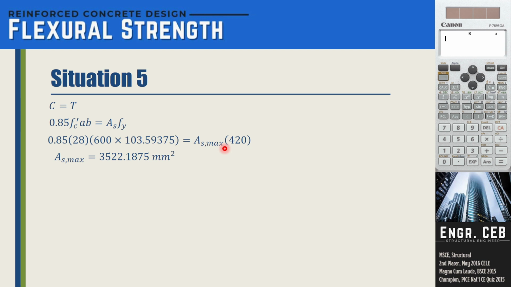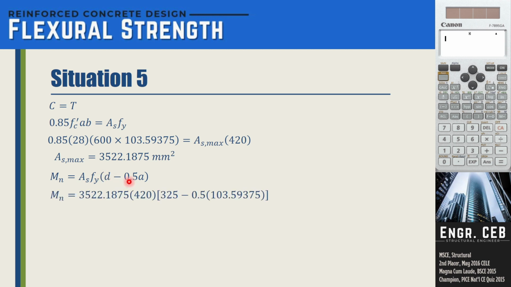Now that we have As max, we can compute the nominal moment strength considering this amount of reinforcement. Let us compute the moment that corresponds to the maximum steel ratio. In other words, what is the strongest moment that a singly reinforced section alone can carry? We substitute in our formula of Mn, which is As fy (d minus 0.5a).